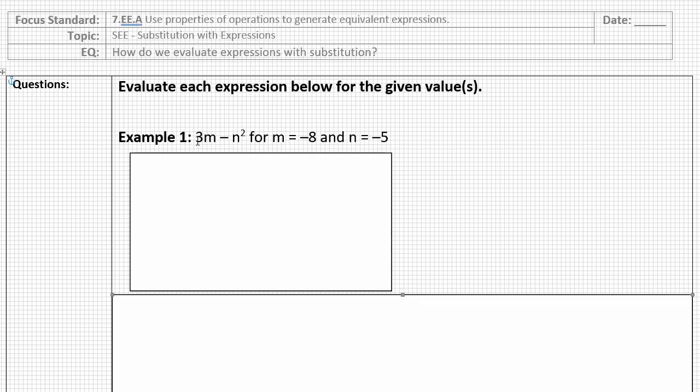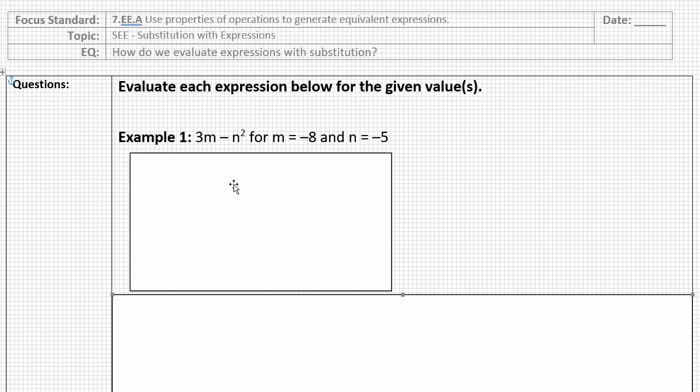So in example 1, we're being given the expression 3m subtract n squared, for m equals negative 8 and n equals negative 5. So we're being asked to simplify and evaluate this expression if we substitute, or in other words, plug in the value negative 8 everywhere we see m and negative 5 for the variable n.